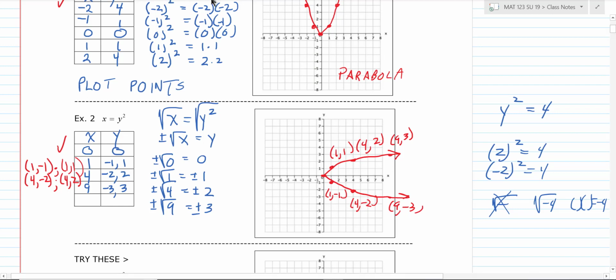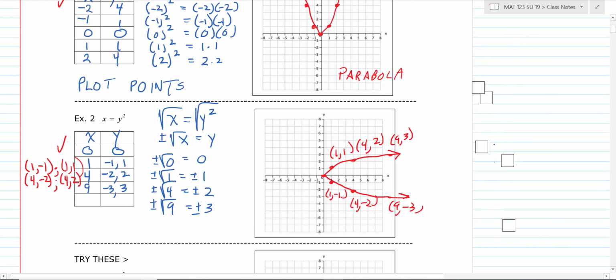Now, if you didn't know to do that square root, and I think a lot of students wouldn't know to do that, your only choice on this would really just be if you chose values for x. Sometimes you would have to know that there's 2 answers. So in other words, if you have x equals y squared and you let x equal 4, you would get this equation.